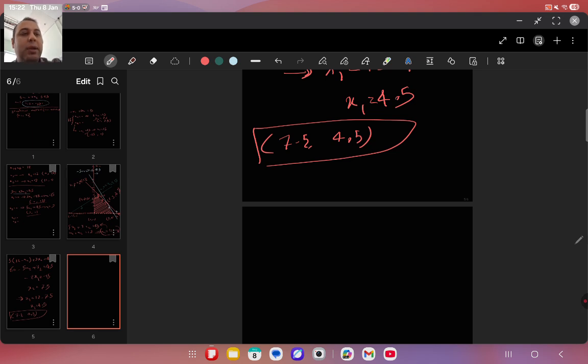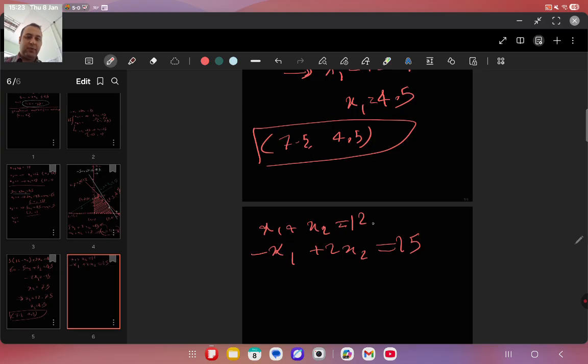I write the equation of the two lines that intersect, which is x1 plus x2 equal to 12 and minus x1 plus 2x2 equal to 15.